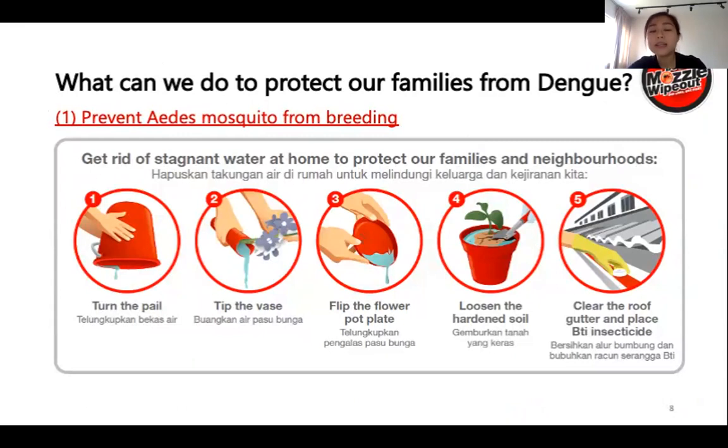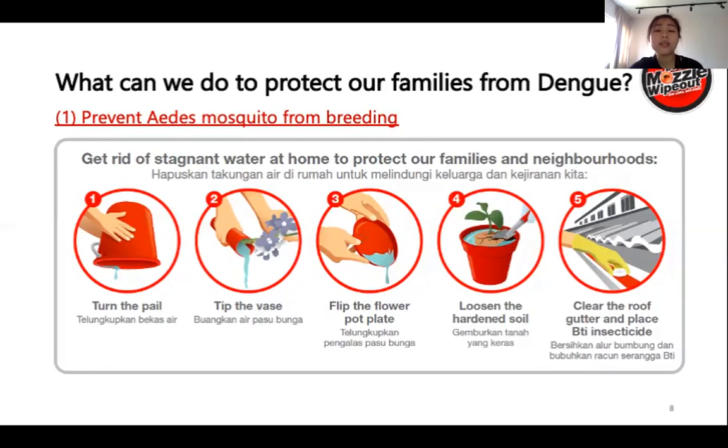Primarily, number one is definitely to prevent the Aedes mosquito from breeding in and around our homes. Mosquitoes prefer to breed in clean, stagnant water easily found in our homes, and it really only takes the volume of water the size of a 20-cent coin for them to breed.